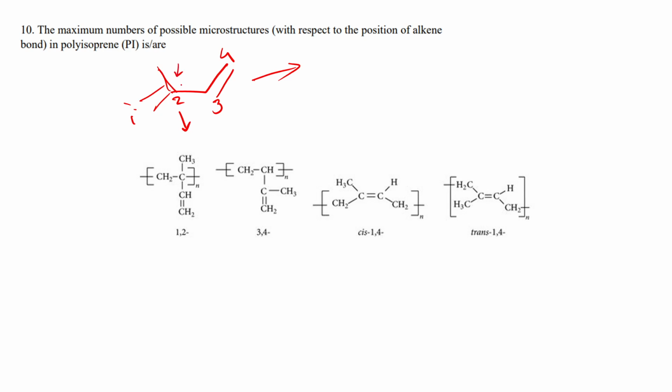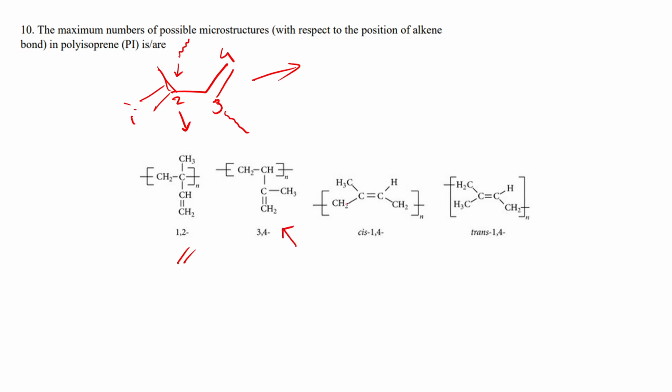So then you are going to see this kind of structure. For P4, it means it grows in the three position. If the polymer grows here, you can have this kind of microstructure.